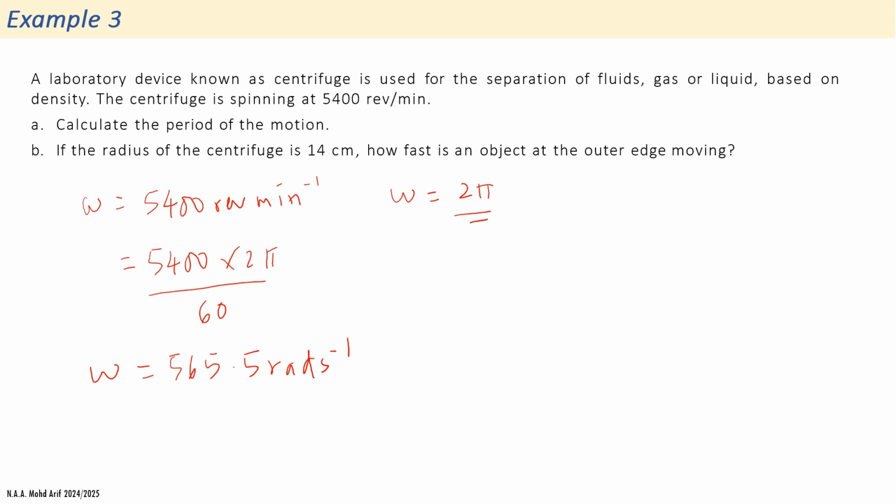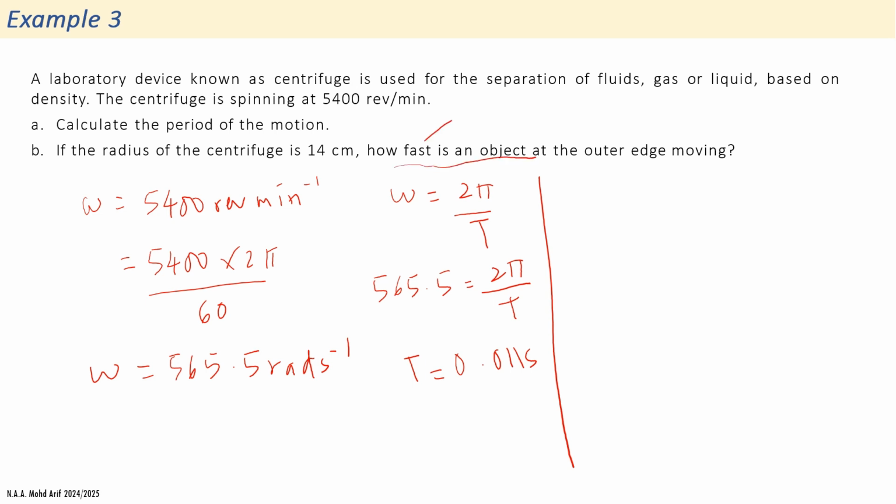So we know that ω equals 2π over T. So ω is 565.5, equal to 2π over T, and we can calculate for T. T equals 0.011 seconds. Very easy. And for B, the radius of the centrifuge is 14 centimeters. How fast?